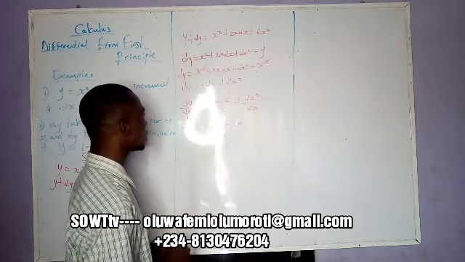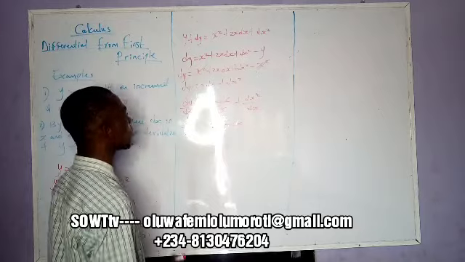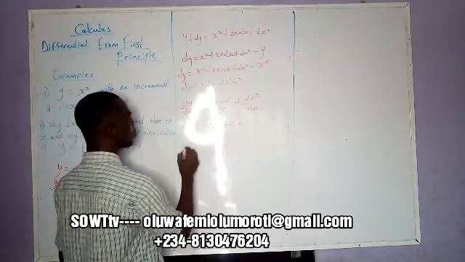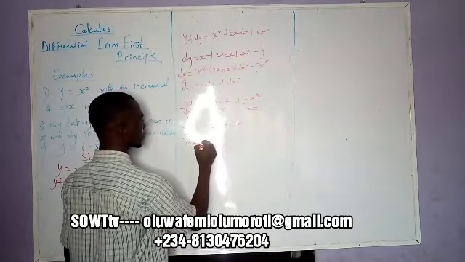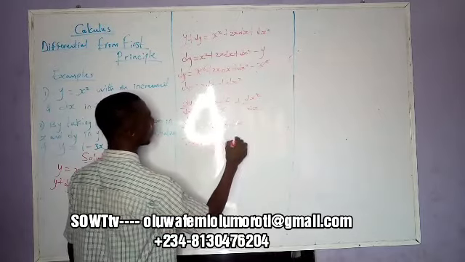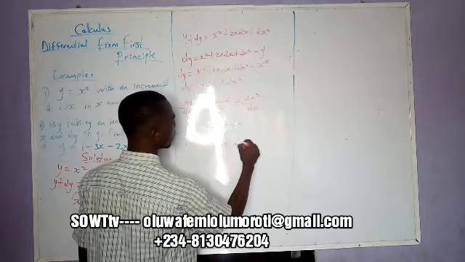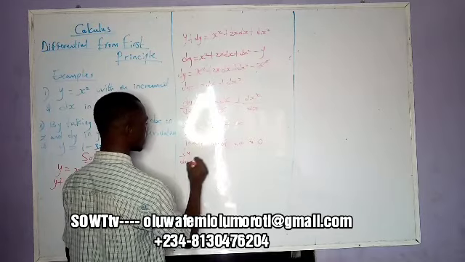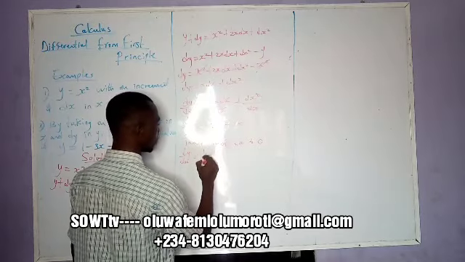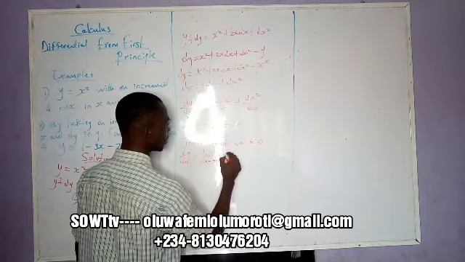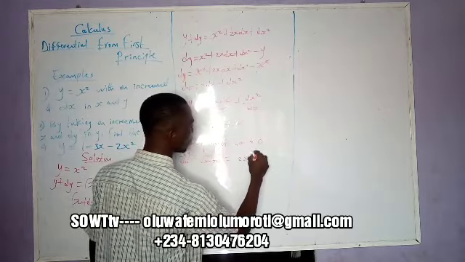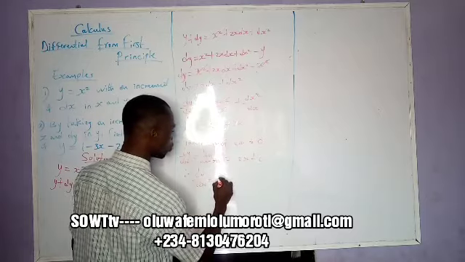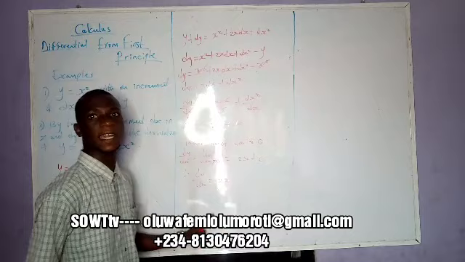The next thing, the last step, is to take the limit as dx tends to 0. So taking the limit as dx tends to 0, dy/dx equals 2x plus 0. Therefore, dy/dx equals 2x. That is the final answer.